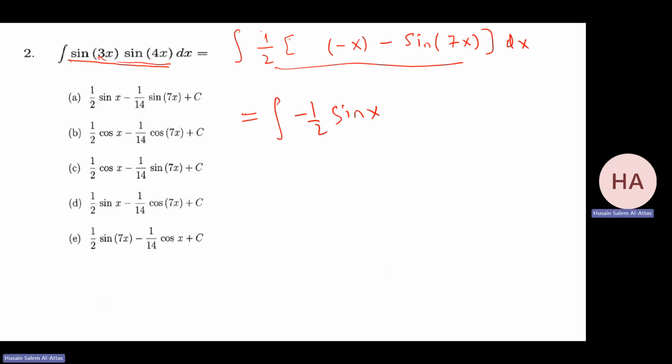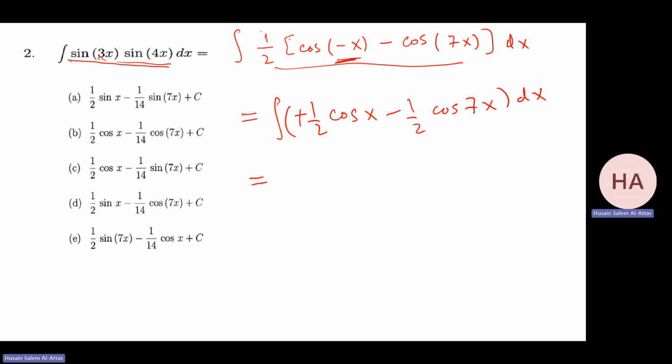Be careful with the formula. Cosine of the difference: cosine of minus x is cosine x, so no need for the minus. Be careful about sine and cosine. Half cosine x minus half cosine 7x dx.